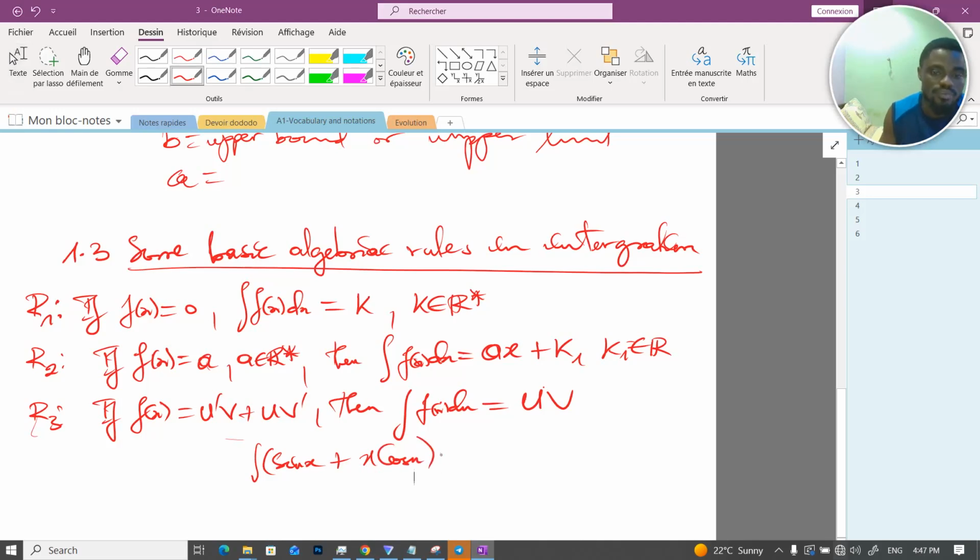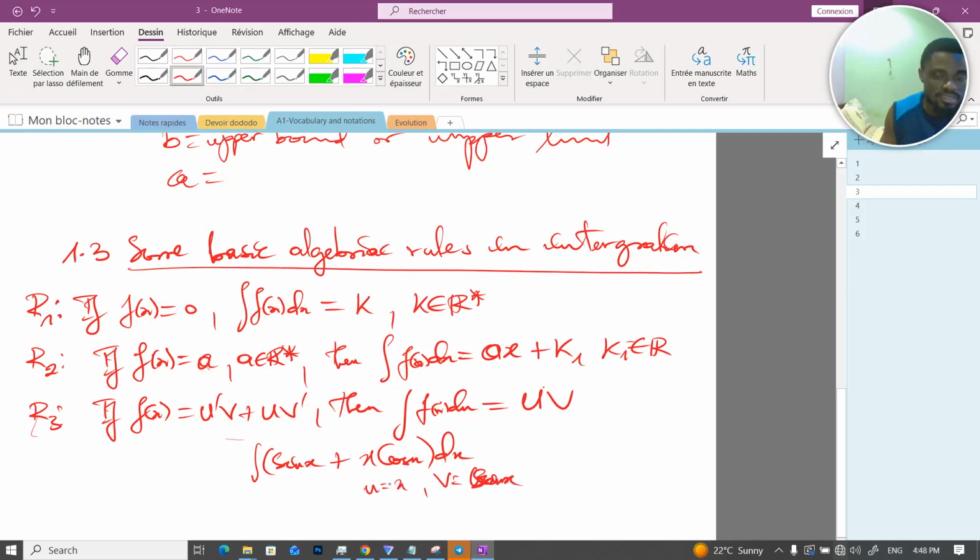Okay, this is a very simple example. You notice that your u here is x, and your v is simply sine x.